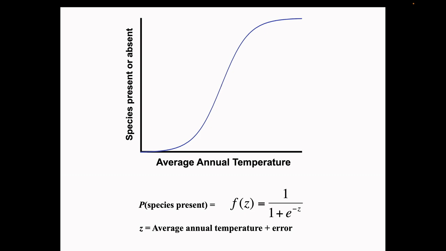And it does that according to the data that you feed into it. So that's the way that you can use a categorical dependent variable and treat it as continuous by doing logistic regression. And you can use logistic regression then to make predictions about how average annual temperature influences whether the species is present or absent from a location.